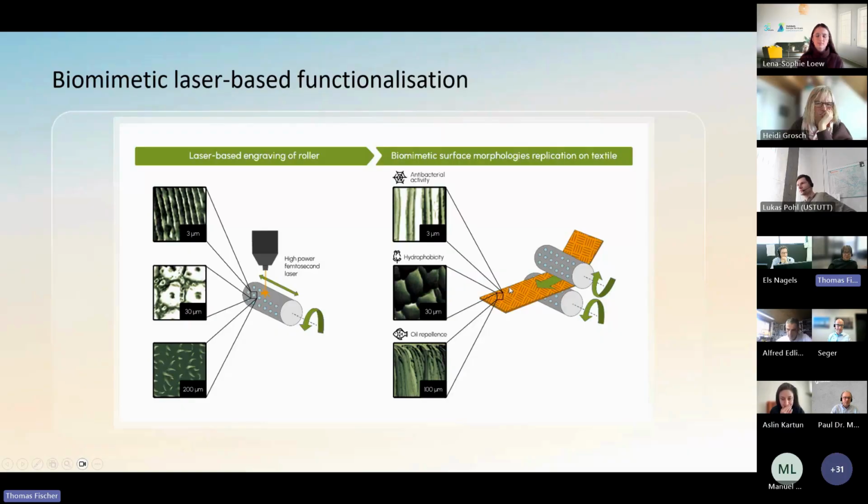on the right side. This is just a schematic print of the structure. This structure is inspired by nature, because nature also creates hydrophobicity or oil repellents by mechanical structures. You know that maybe from lotus effects and other well-known words.